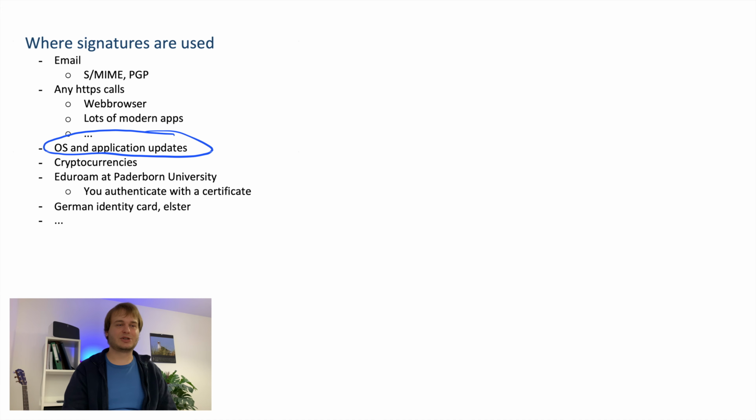And essentially this makes sure that you don't just get pushed an update whose origin you did not verify, that would, for example, install a keylogger into your operating system, which you would never be able to detect. But because these updates are signed, your update process would reject all updates that were written by a third party and not by, let's say, Microsoft.